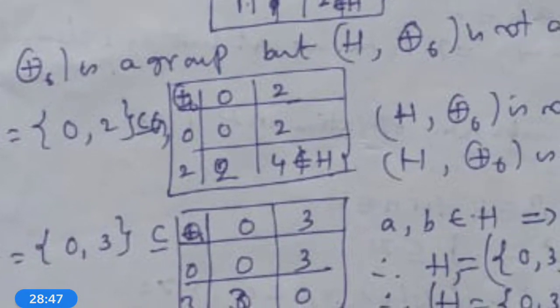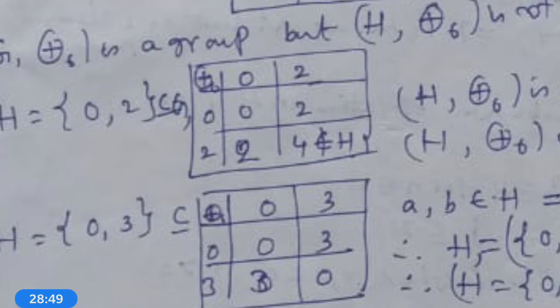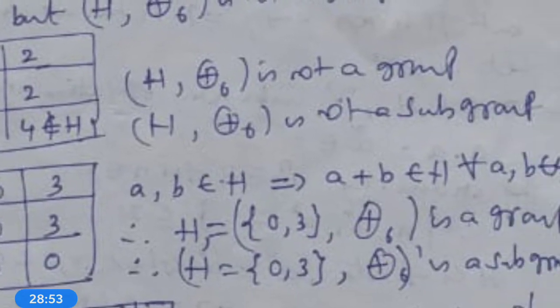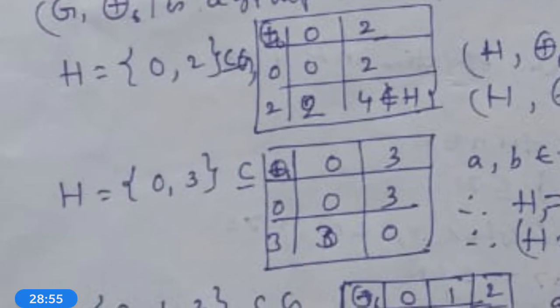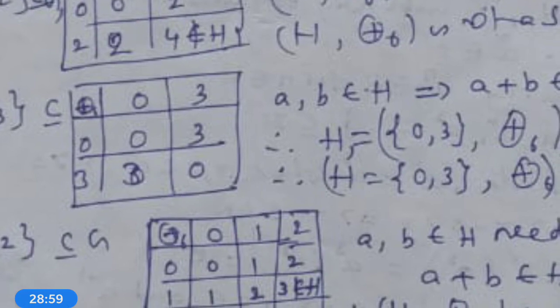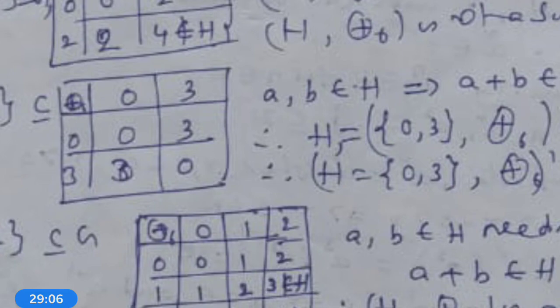Similarly, H is equal to pair set {0, 2}. Then H, comma, circle plus is not a subgroup. H is equal to {0, 3}, the table is like this: 0 plus 0 is equal to 0, 0 plus 3 is equal to 3, 3 plus 0 is equal to 3, and 3 plus 3 is equal to 6 bar, which is 0 bar.